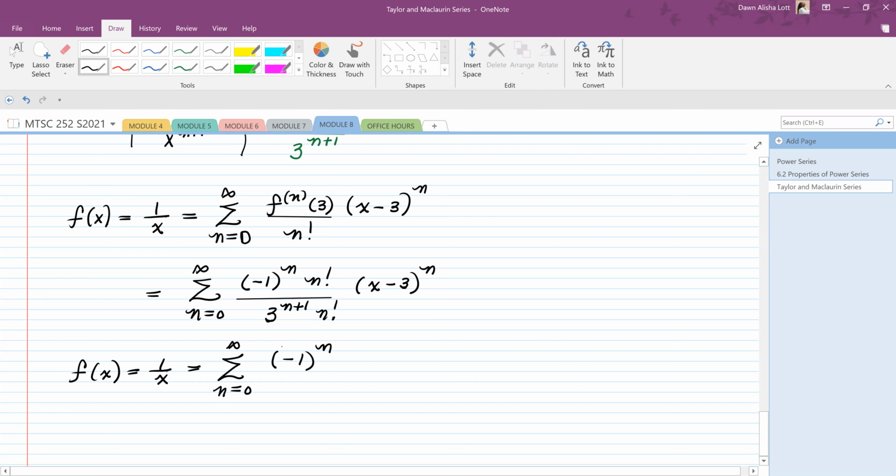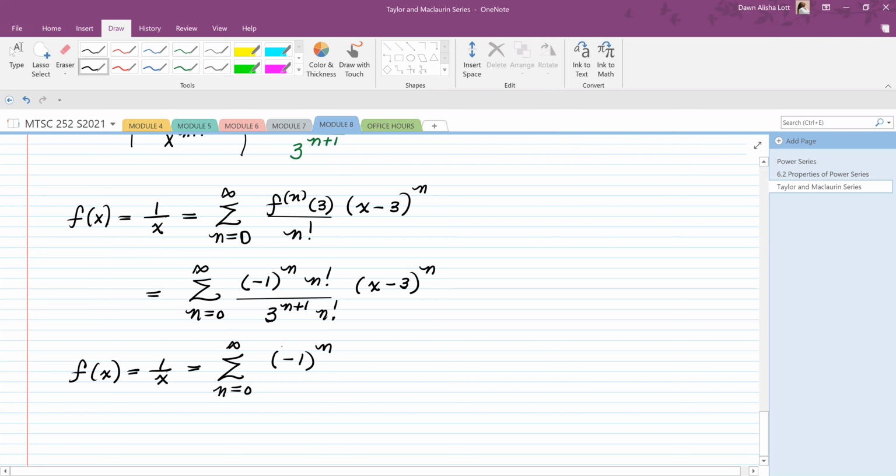That's pretty cool because now this right here becomes r to the n. So therefore, this is going to converge for the absolute value of r less than 1. So it'll converge when the absolute value of x minus 3 over 3 is less than 1, or the absolute value of x minus 3 is less than 3.